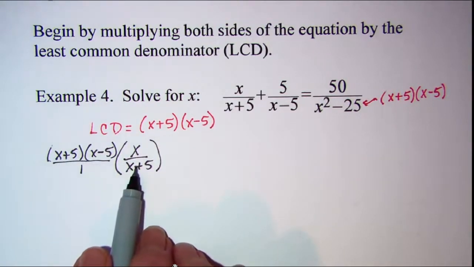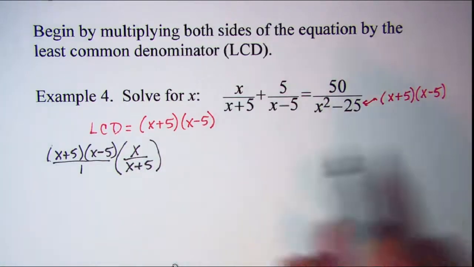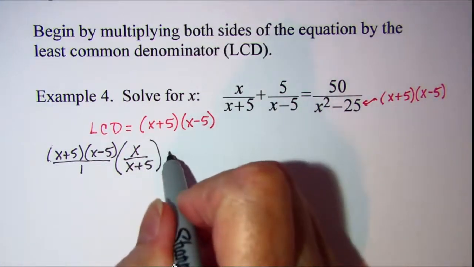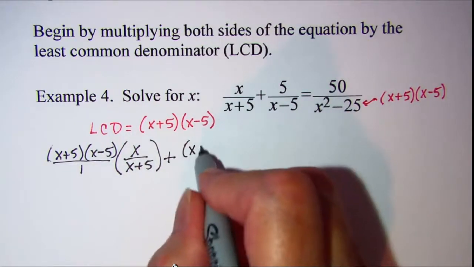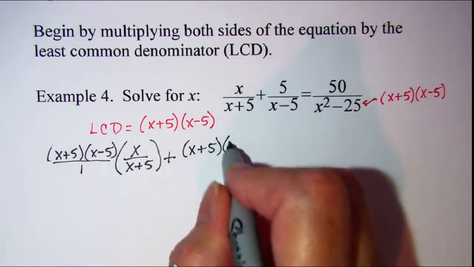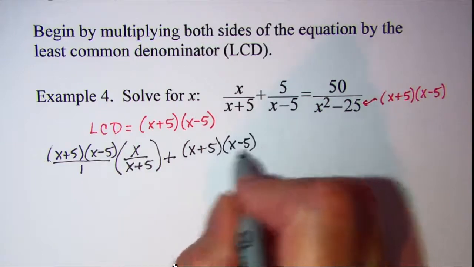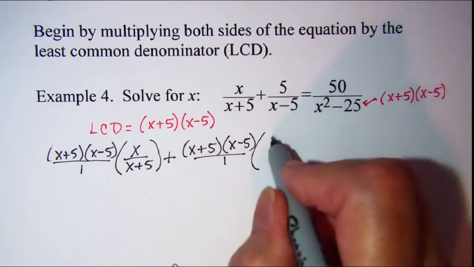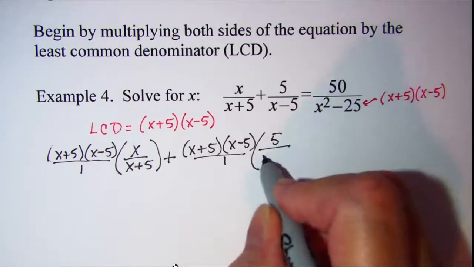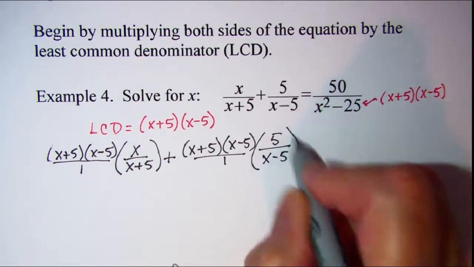That's the whole reason for multiplying by the least common denominator. So plus, and then my least common denominator again, x plus 5 times x minus 5 over 1, multiplied by my second term, which is 5 over x minus 5.